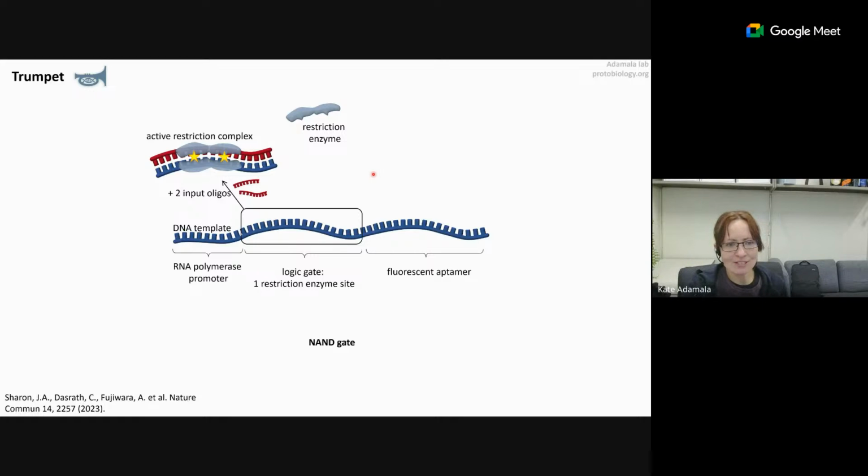If they're faced with a single-stranded template, they do nothing. Only if the template becomes double-stranded will the restriction enzyme cut it. And now the restriction enzyme cuts, and it separates that promoter region from the aptamer region, because the cut happens here, right where that logic gate region is.